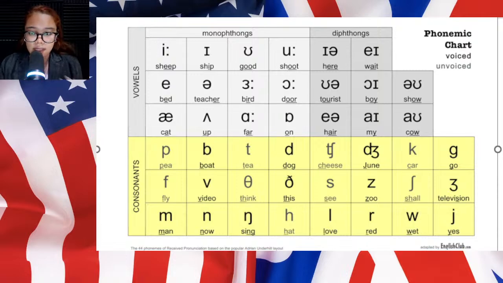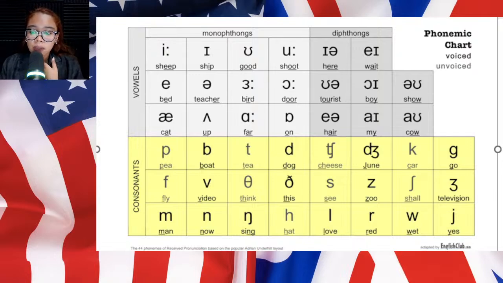When we say voiced, you feel vibrations when you pronounce the sound of this particular consonant. If unvoiced, of course, you cannot feel vibrations. The trick is you have to touch your throat to really feel the vibrations if there are any.